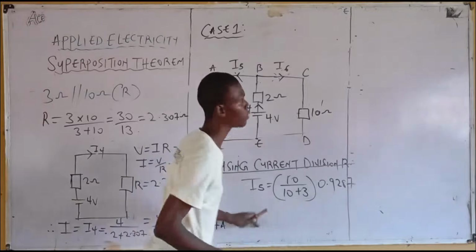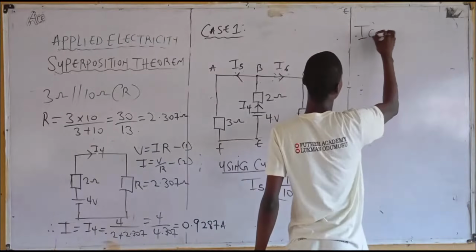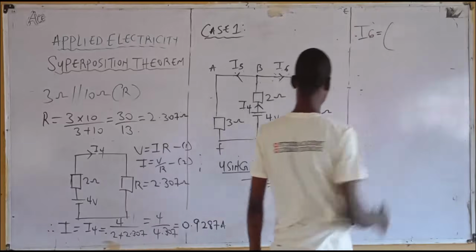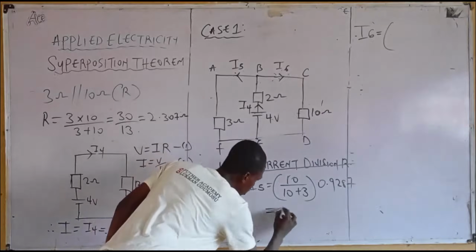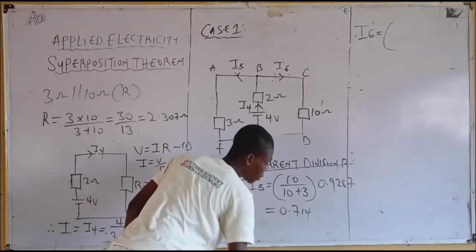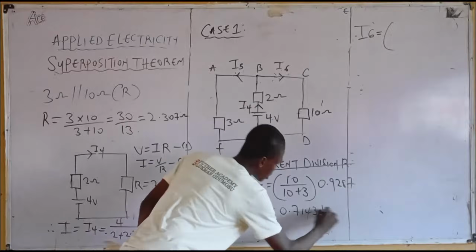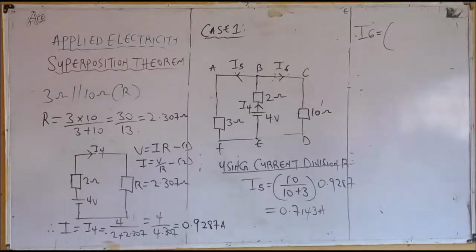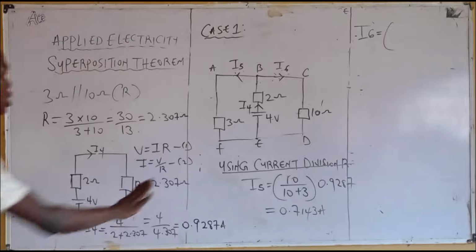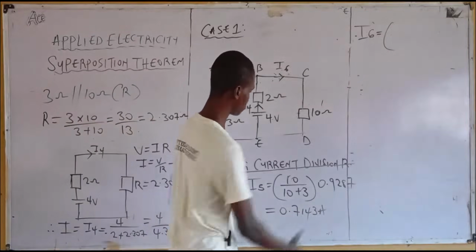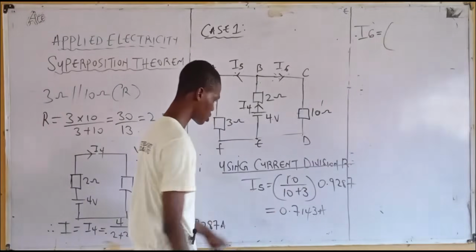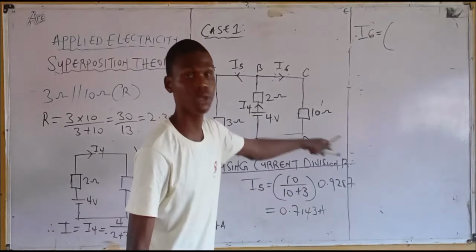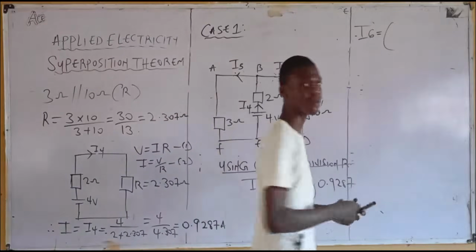Please, let's get the value of this. 0.7143. I'm okay with this. Although 3 doesn't mean anything, let's go with this. 0.7143 ampere.